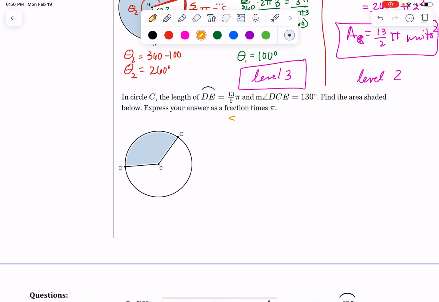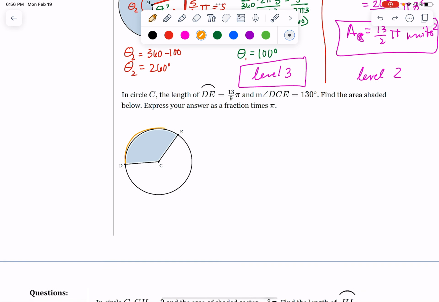So again, we have shaded and we need the shaded area. So DE, this is the arc DE, is 13 over 9 pi.